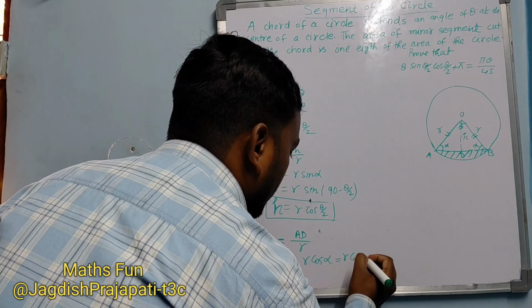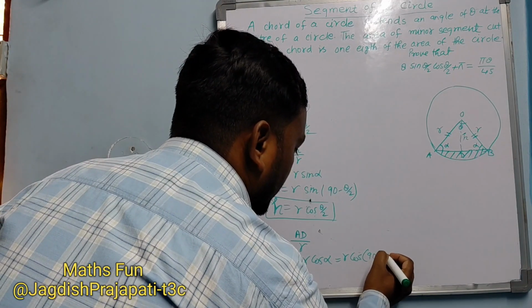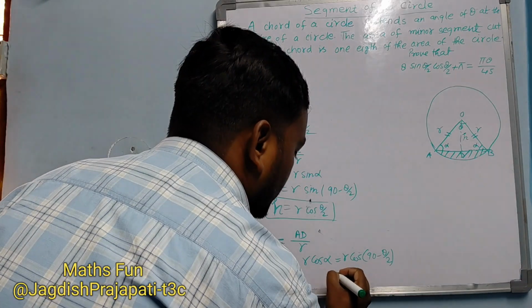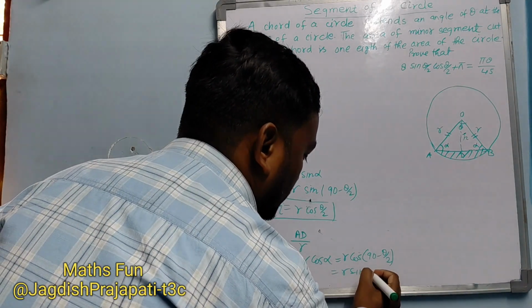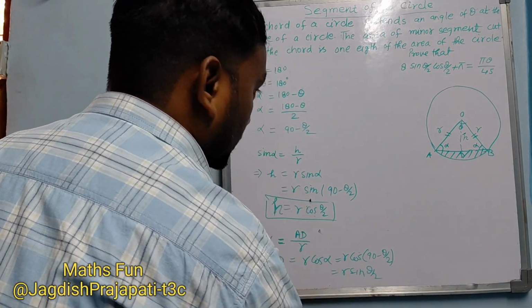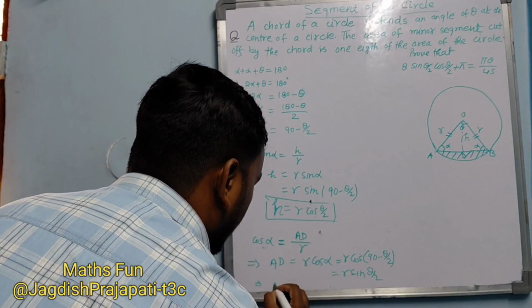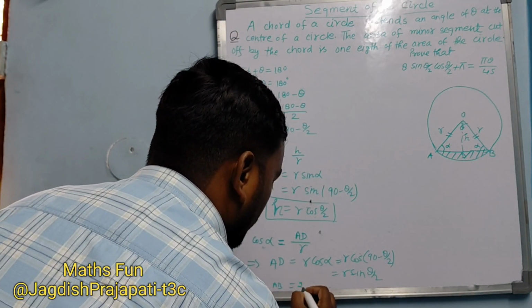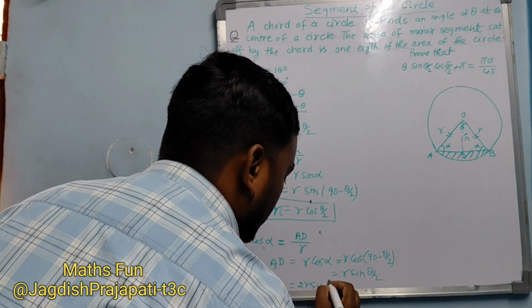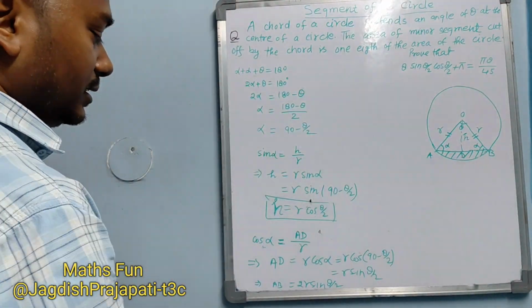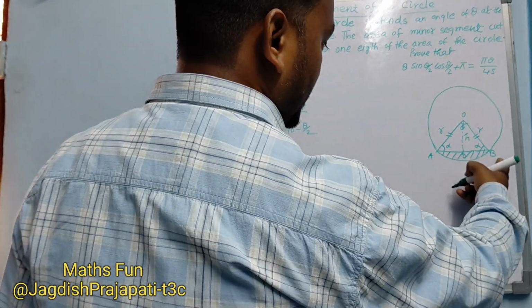R cos of 90 minus theta by 2 is R sin theta by 2.